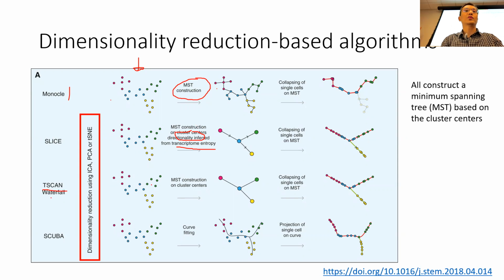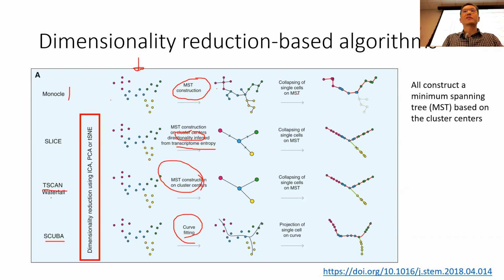TSCAN and Waterfall use the same minimum spanning tree with the cluster centers, and SCORPIUS uses curve fitting. So mostly you have a curve to fit all the populations of cells in the embedded space.